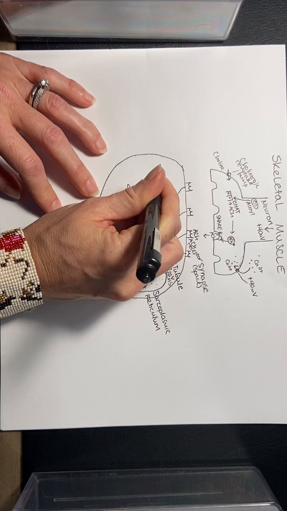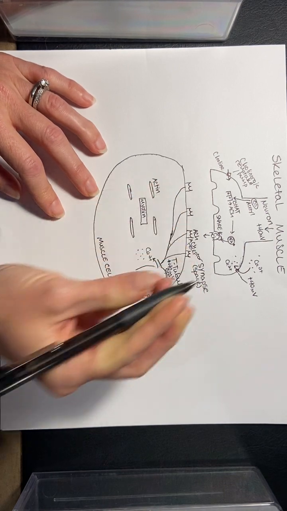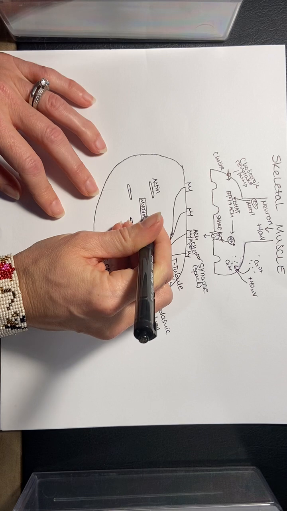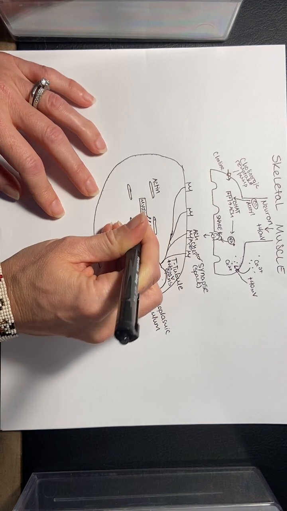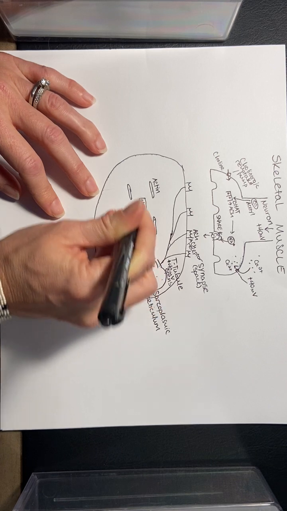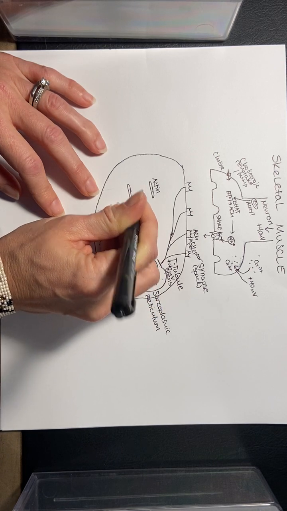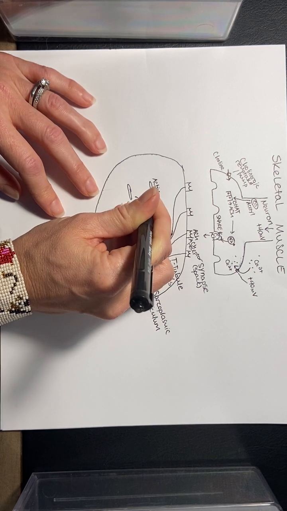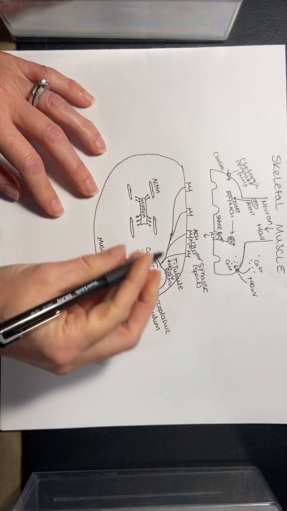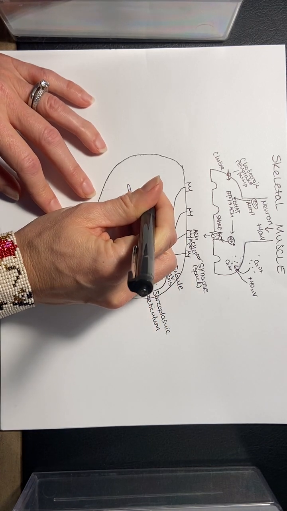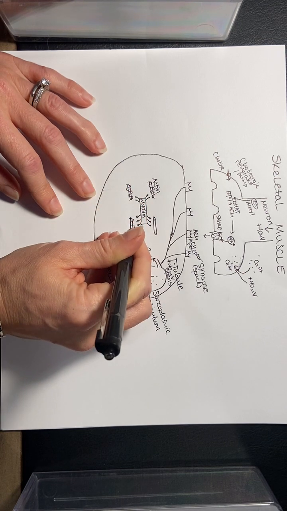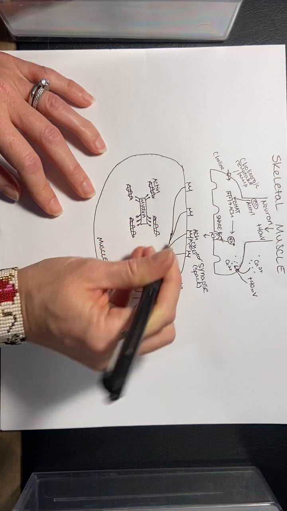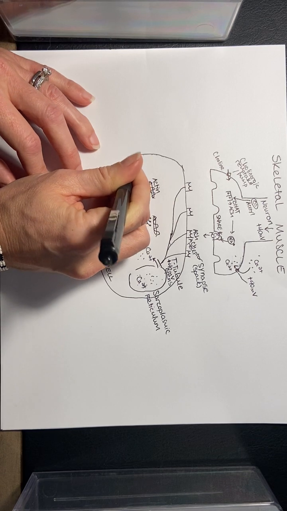And so here we have actin, and the myosin heads, when activated, bind to the actin and pull it together, but it doesn't want to do that all the time. So actin is covered up, those binding sites are covered up by another protein called tropomyosin.